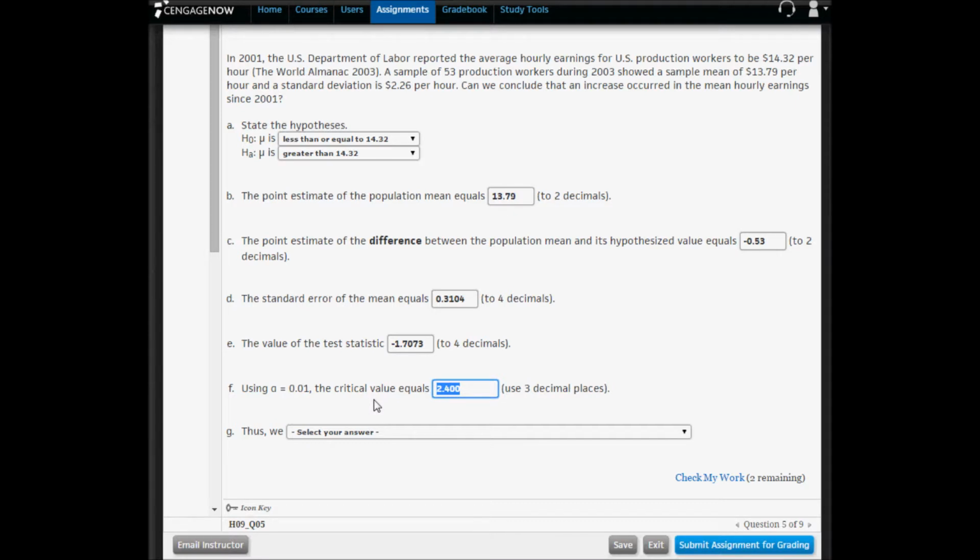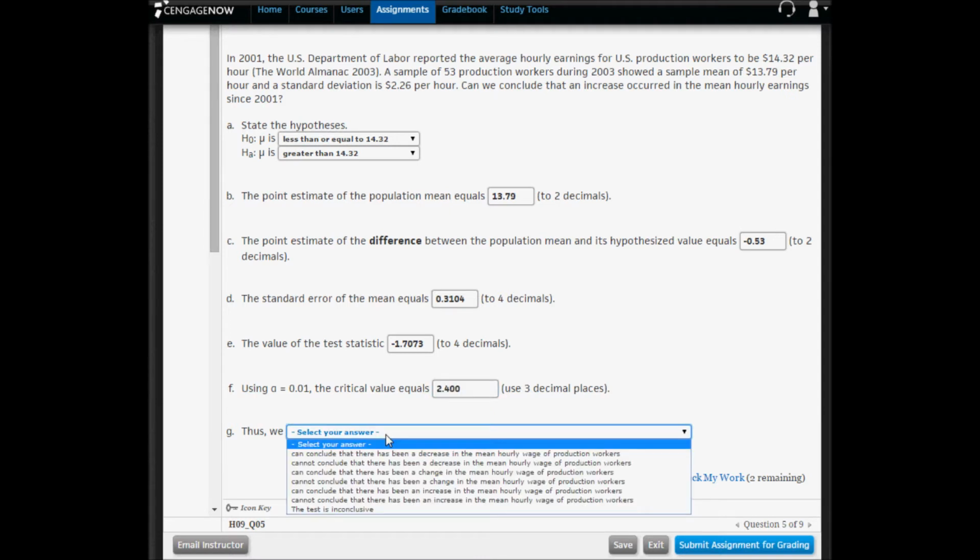That's not the case here. The test statistic is less than the critical value. So we have evidence in support of the null. So we cannot reject the null, which means we cannot say the alternative is true. Thus, we cannot conclude that the wage has increased.